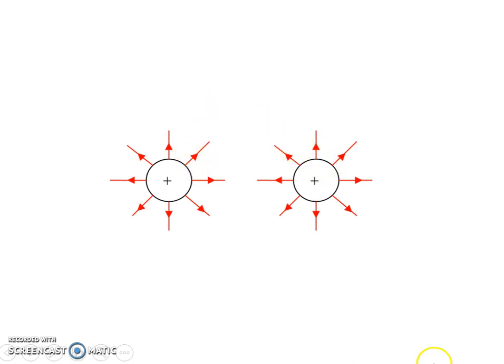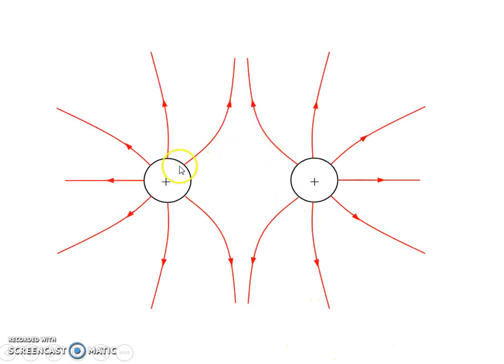Three, two, one, and boom, this is what happens. It goes out, and this one goes out also. You can treat this like a lot of rubber bands opposing each other, so the lines basically repel each other.